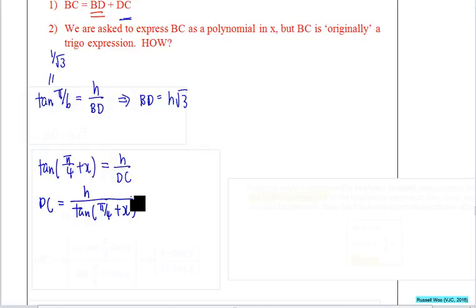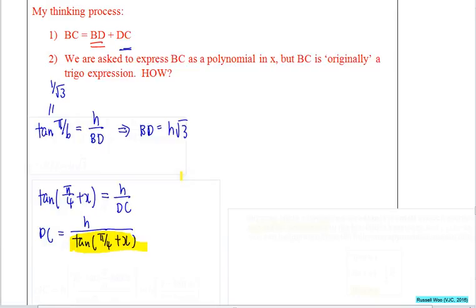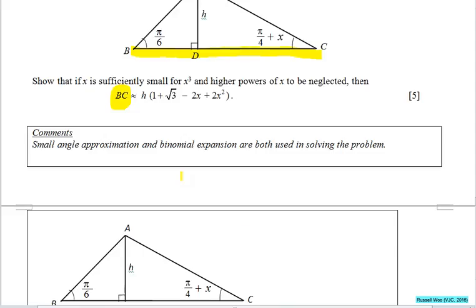But remember what I said. You are somehow to convert this into a polynomial, you must make use of Maclaurin's. But you cannot use Maclaurin's directly here. Why? Look at the question. The question says that x is sufficiently small for x cubed to be neglected.